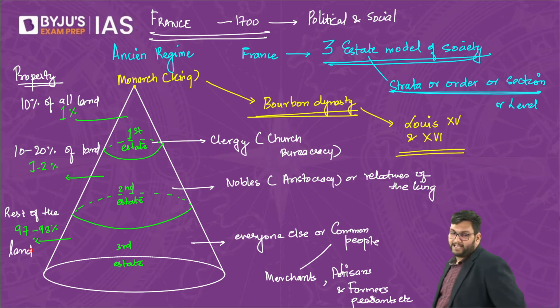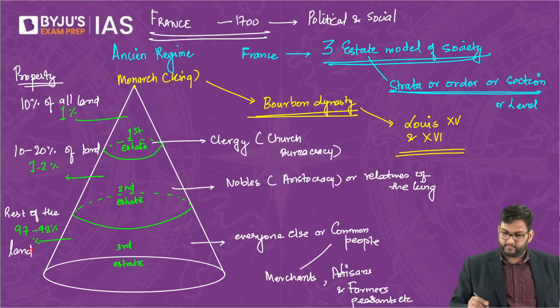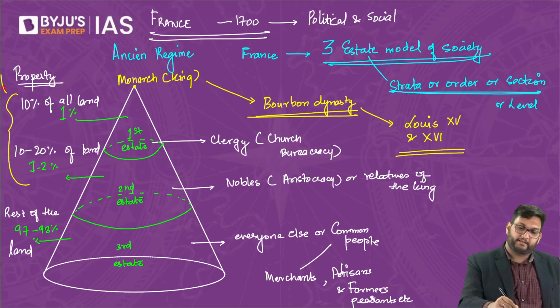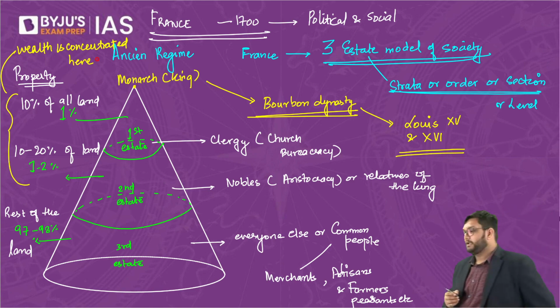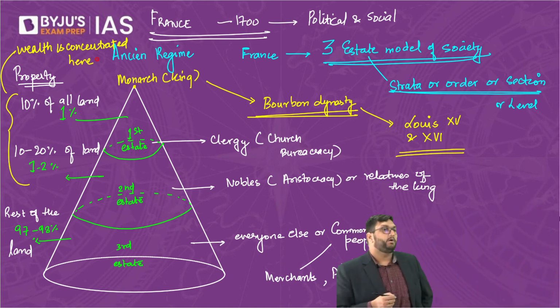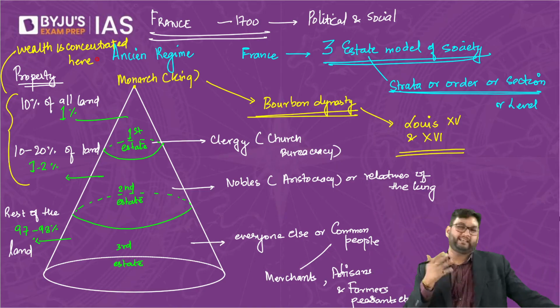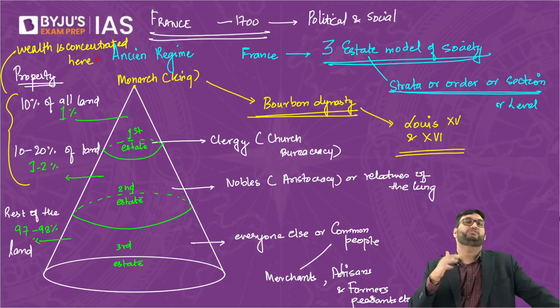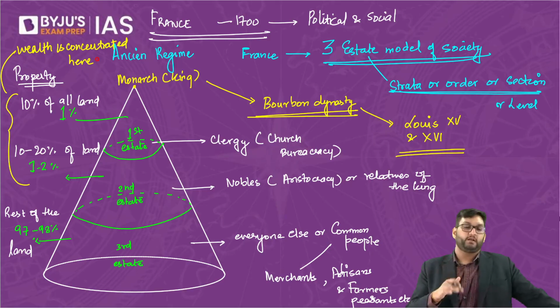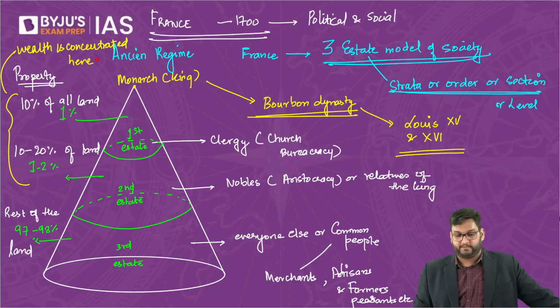So one thing you can realize is that the wealth is concentrated here. And more than that, the people got land which was not very fertile, very standard, useless land. Close to 30 to 40% of the best land was with the clergy and the nobles. The church also used to own land in that regard.